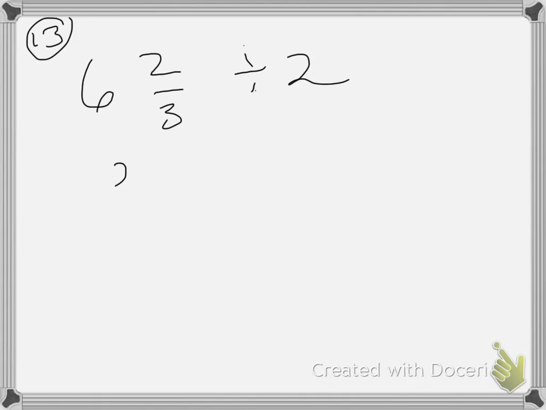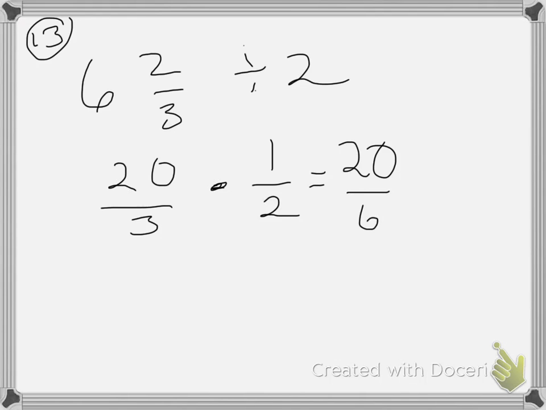So you have to change that mixed number into an improper fraction, which is 20/3 times, you take the reciprocal of 2 and make that 1/2. Multiplying straight across, you have 20/6, and change that into a mixed fraction. 3 2/6 reduces to 3 1/3.